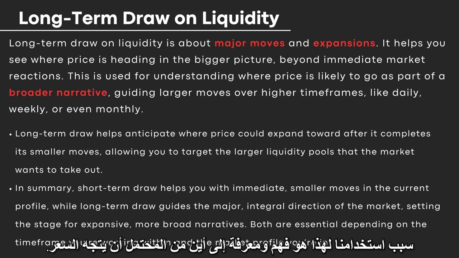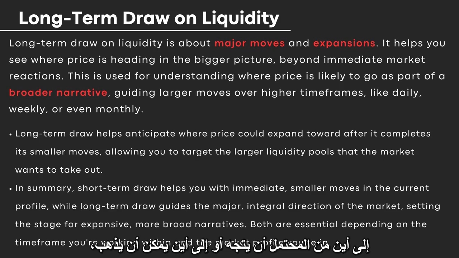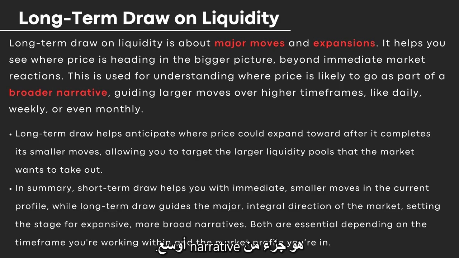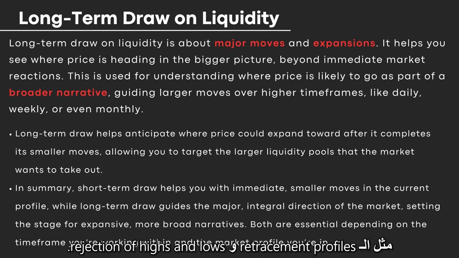The reason we use this is for understanding where price is likely headed, or where it could likely go, as a part of a broader narrative, right? Basically, it guides us on the larger moves on the higher time frames, daily, weekly, or monthly. Now, as we discussed earlier, short-term drawn liquidity is to determine where immediate market movements and reactions could occur, like retracement profiles and rejection of highs and lows.